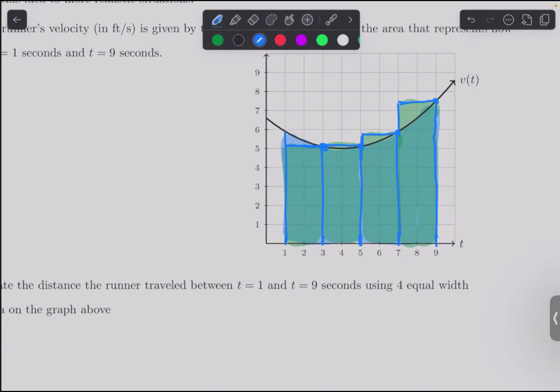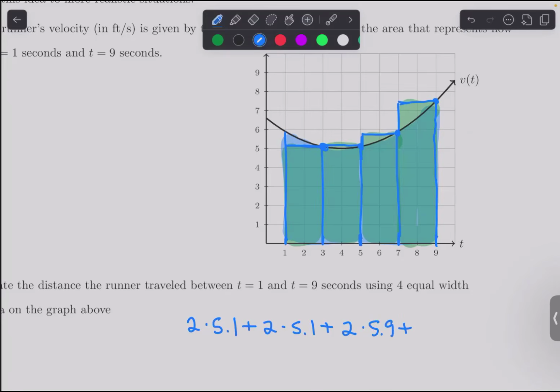So again, each rectangle has a width of 2, so 2 times. My first rectangle here, I think that height is about 5.1. That's what I'll use. My second rectangle, again, a width of 2 and a height, again, pretty close to 5.1, we'll say. Next up, my third rectangle, width of 2, height of, I don't know, we'll say 5.9.